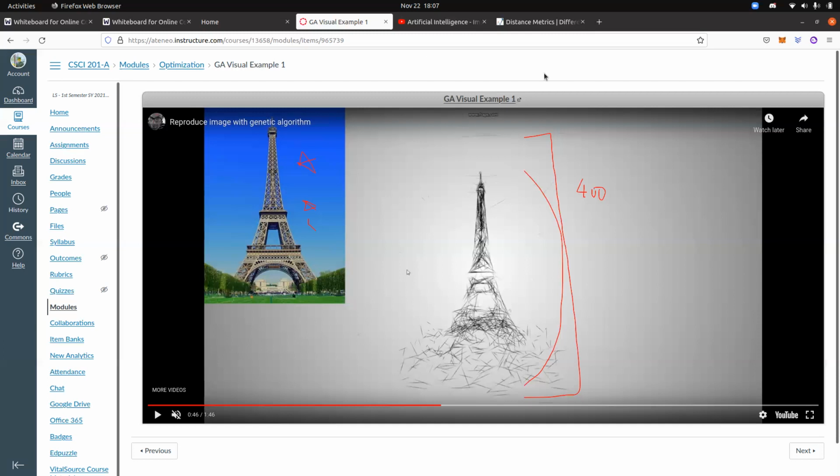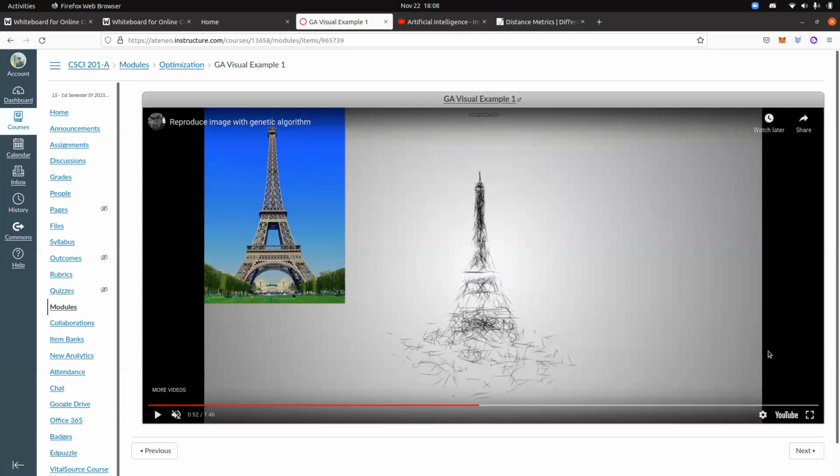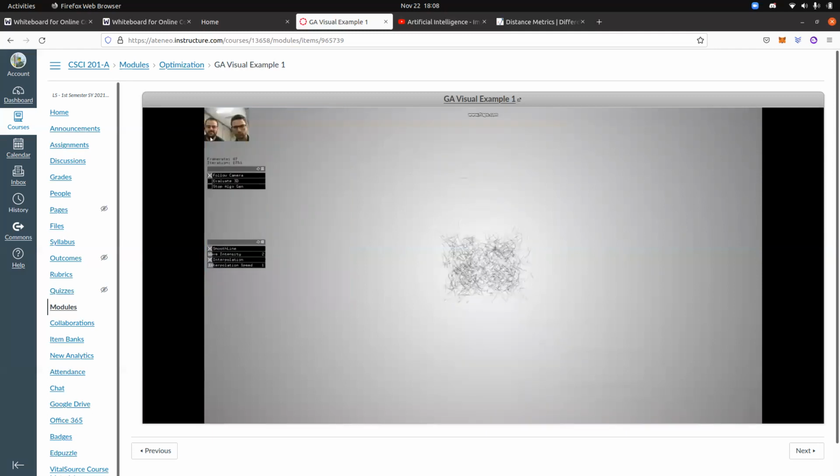Okay, that's why if you take a look at the video again, it's trying to mutate in such a way that it will move these lines. The constraints are actually that you have a fixed number of lines, of straws, if you will, no, in this particular art piece that will try to adjust its coordinates within the picture so that it can be as minimal as possible in terms of distance to the Eiffel Tower.